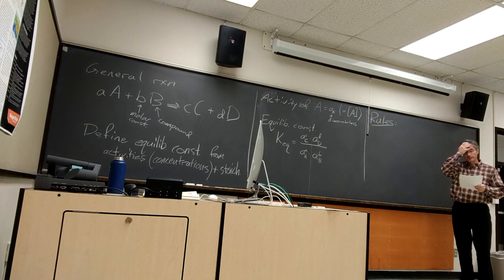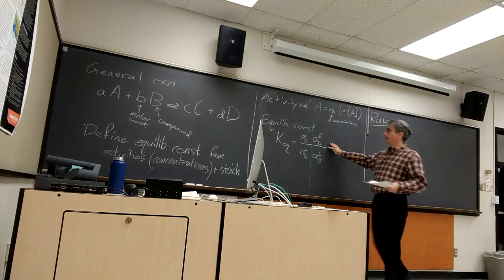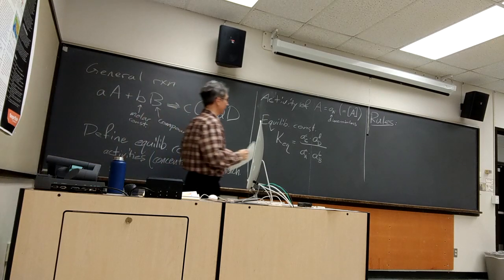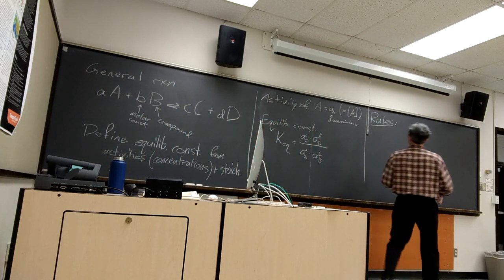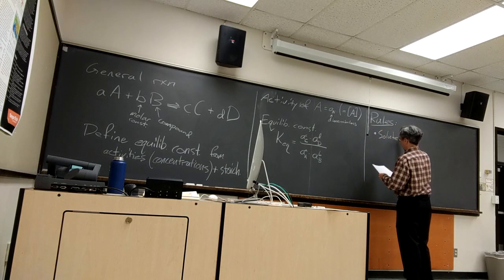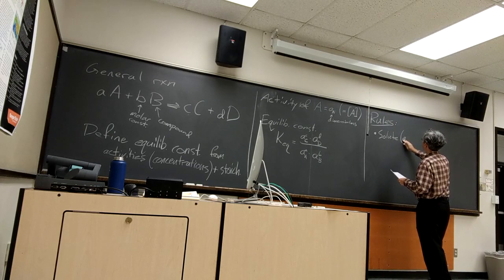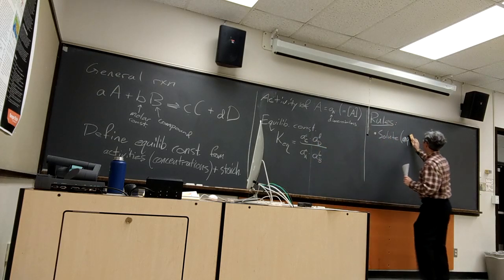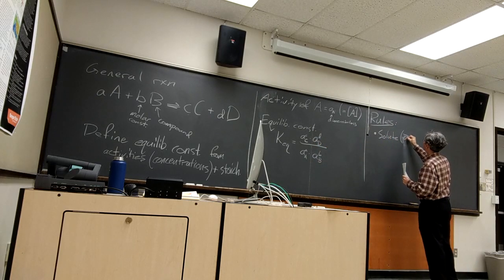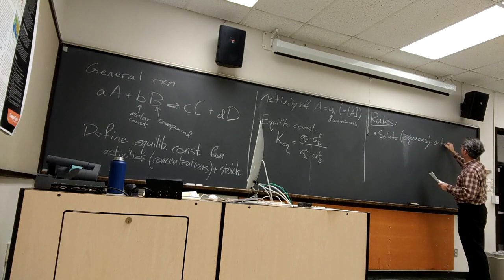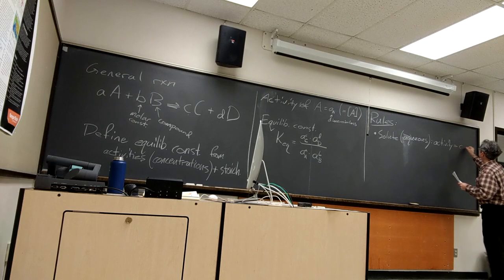Let's outline a few rules for doing this calculation, because this is all very fine if everything here is aqueous. Then yeah, it's all about concentrations. So what are the rules? If we're dealing with a solute, that is stuff that's in the aqueous phase, then activity equals concentration.